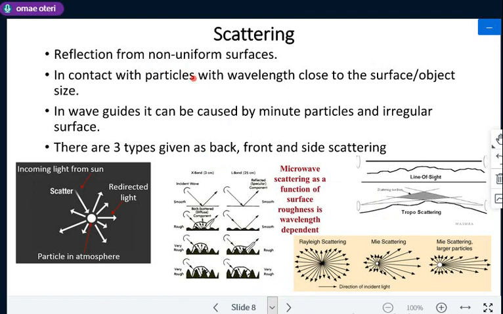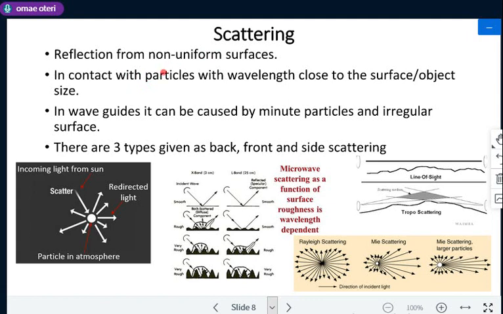So the next concept here is scattering. I think this is where we're supposed to start from after having looked at the others, and I went into quite a number of details. Scattering is actually quite similar to reflection.